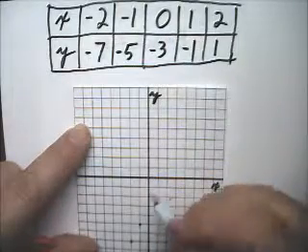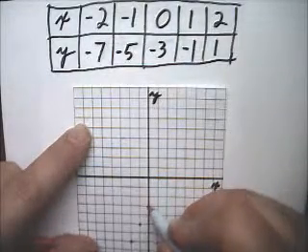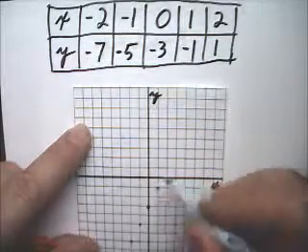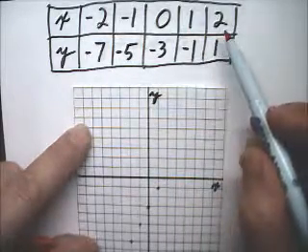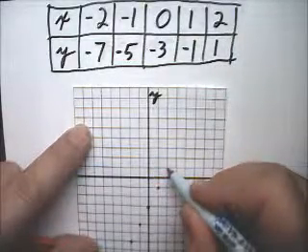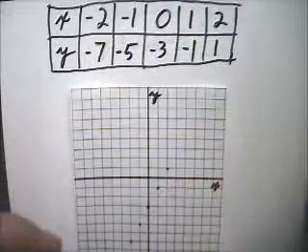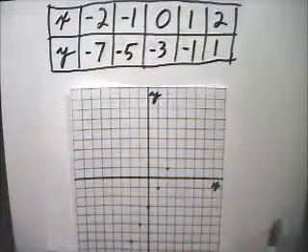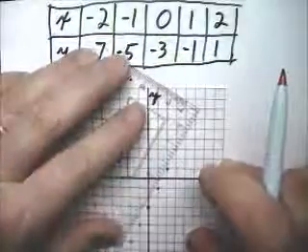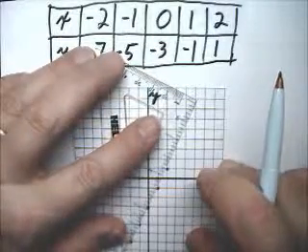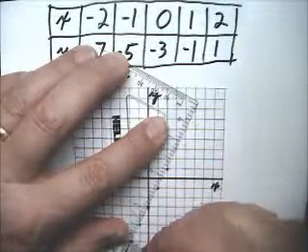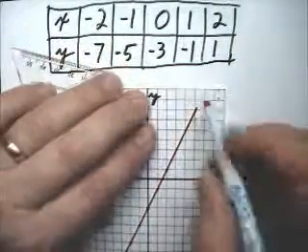The point 0, -3. The point 1, -1, and the point 2, 1. And this graph works out to a straight line, and there's my graph.